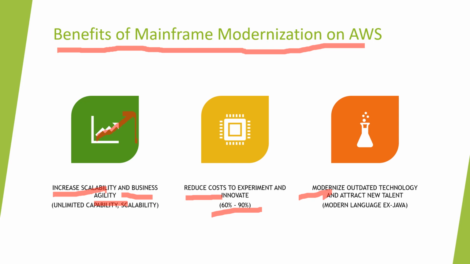One of the most important advantages is availability to a wider range of stakeholders. The third one is modernizing the data technology, which attracts new talent. Modernizing with AWS allows mainframe customers to transition to modern languages such as Java and others. It provides new talent to modernize core business workloads.